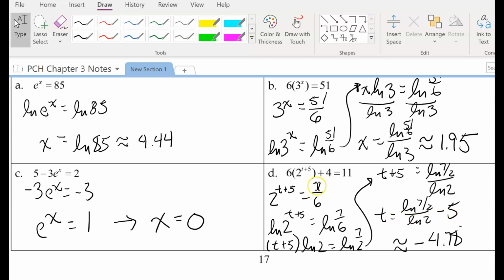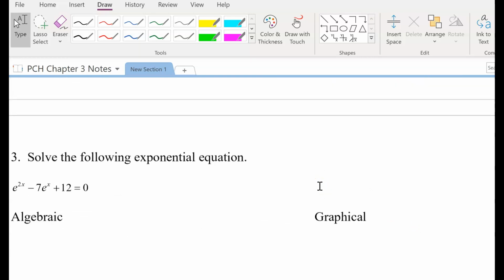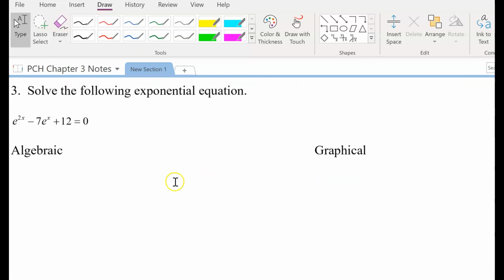Let's move on to another solving equation, and this one's a little bit different. We're going to look at an algebraic solution and a graphical solution. So for the algebraic solution, we want to treat this like a quadratic.